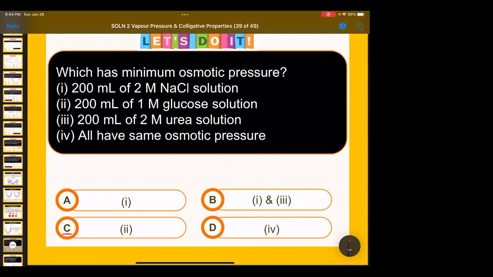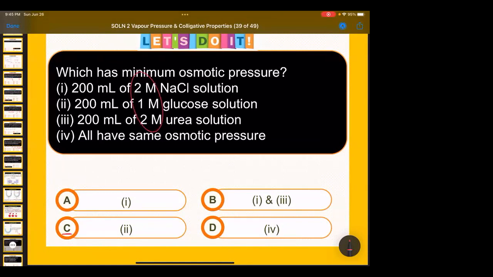So just have the idea of this molarity, but be careful. You need to look at the concentration. Where the concentration is less, just tell me. It is directly given.